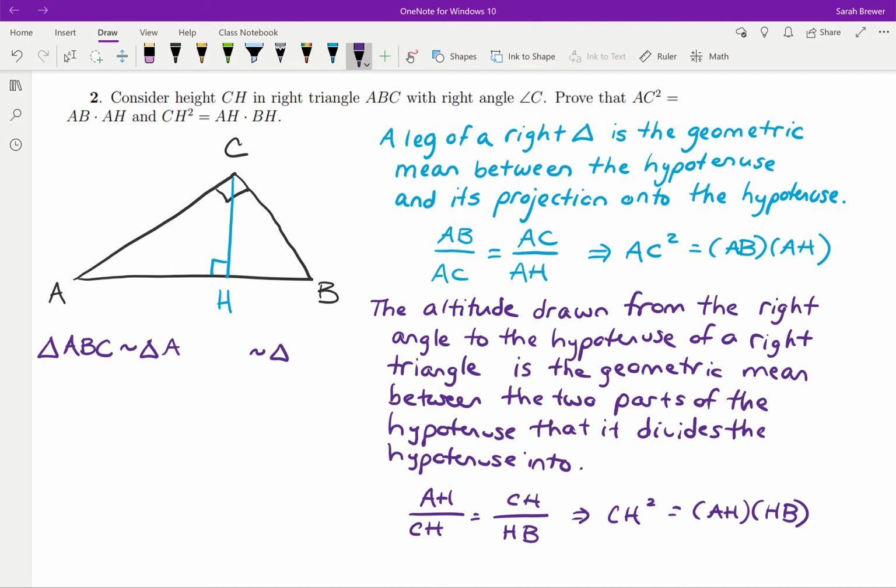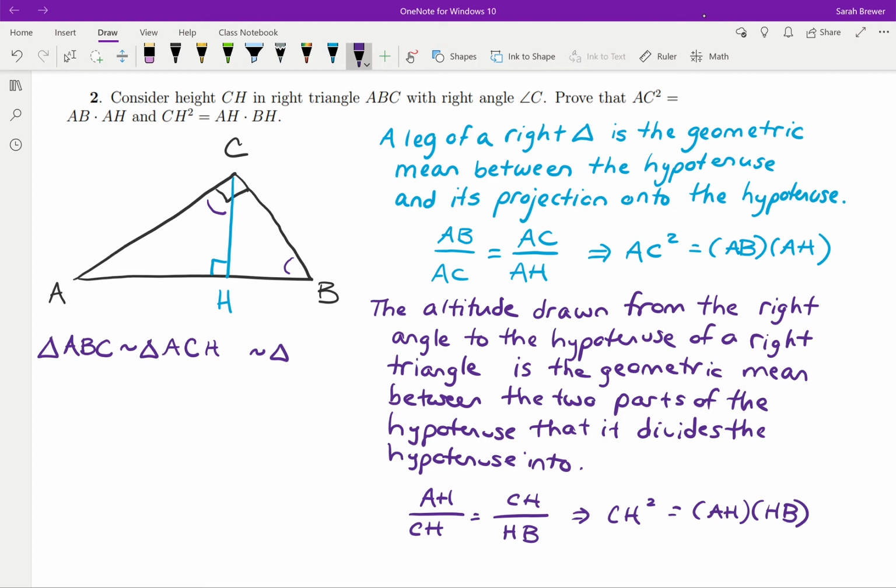H is my new right angle, and so I want to list that in the same place as my original right angle C. And then this angle at this vertex corresponds to the angle B. Oops, I don't know why I wrote B there, C. So triangle ABC is similar to triangle ACH, and it's also similar to this new little triangle over here.